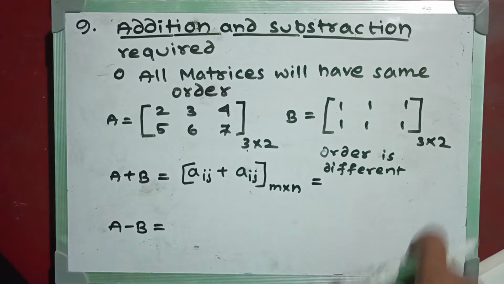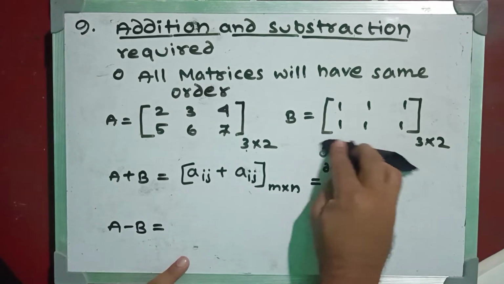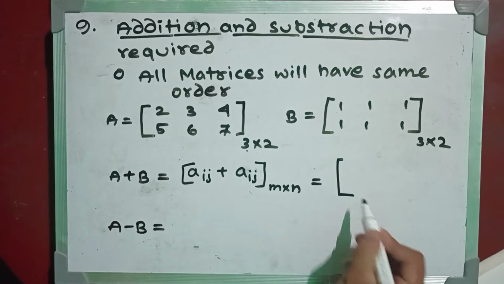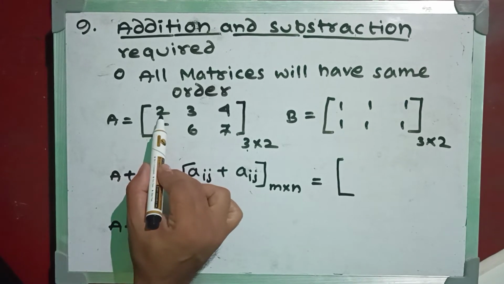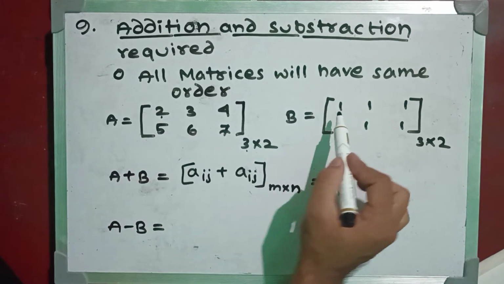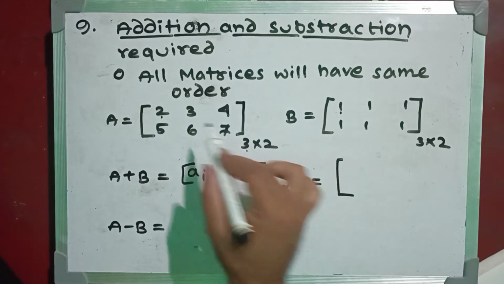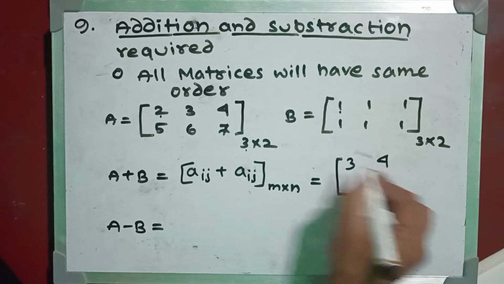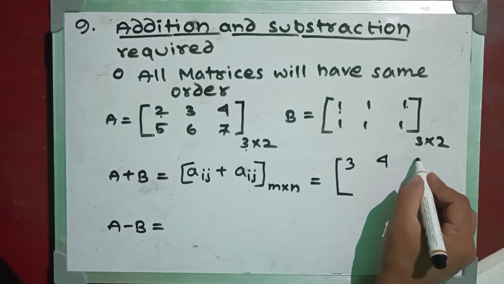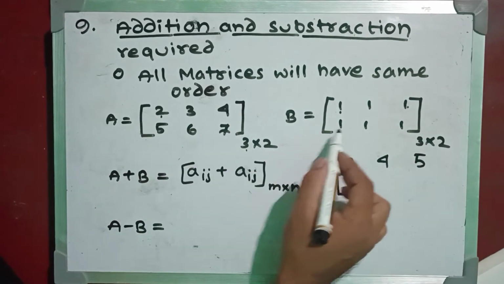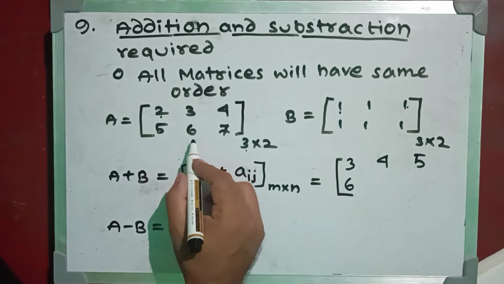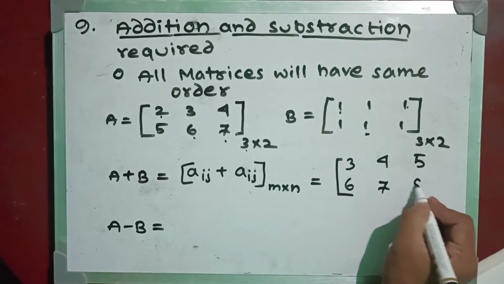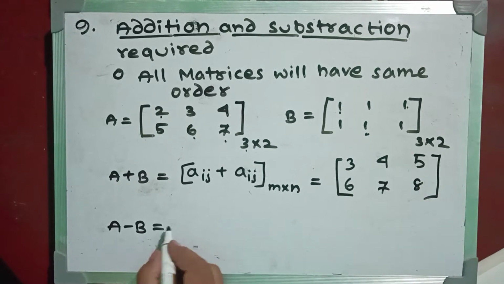So our answer will be: here in A the first element is 2, and here the first element of B is 1, so we will add 2 plus 1, 3 plus 1, 4 plus 1, 5 plus 1, 6 plus 1, 7 plus 1, and like this we will do the addition.